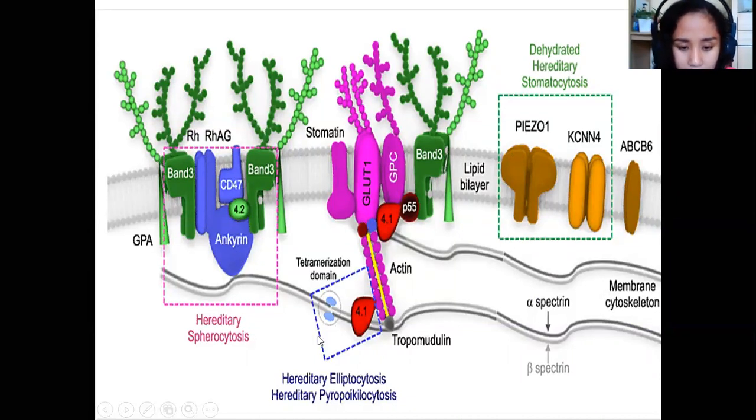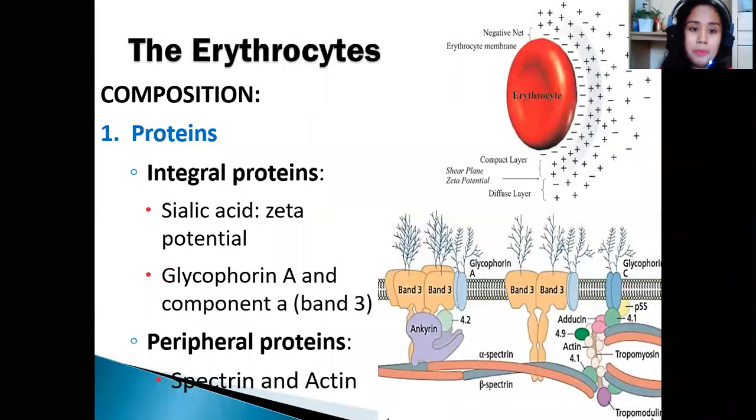Ito, elliptocytosis, poikilocytosis, may mali sa 4.1. The hereditary stomatocytosis. So yun yung mga defects. So any defects among the proteins can result in an anomaly.